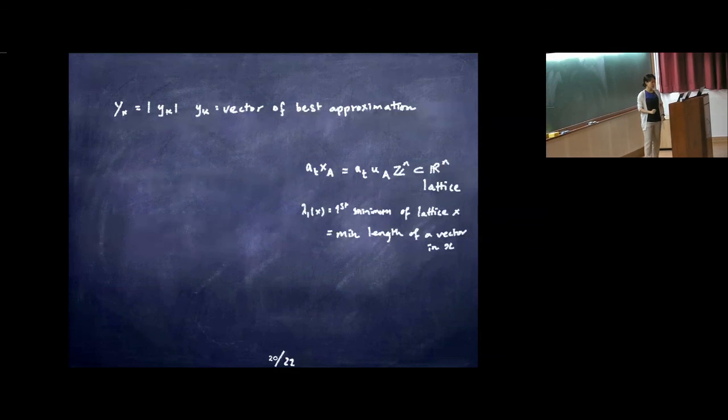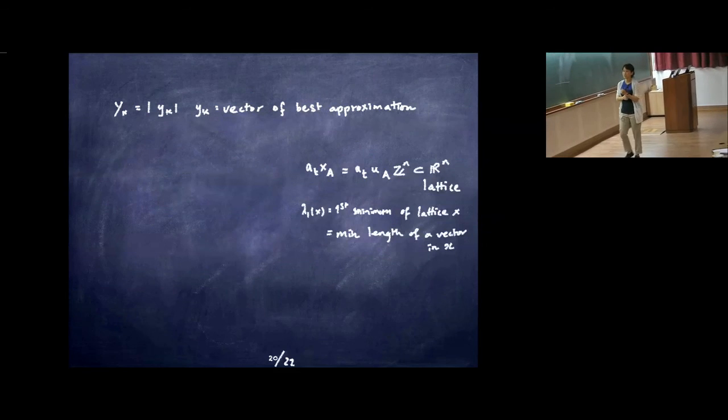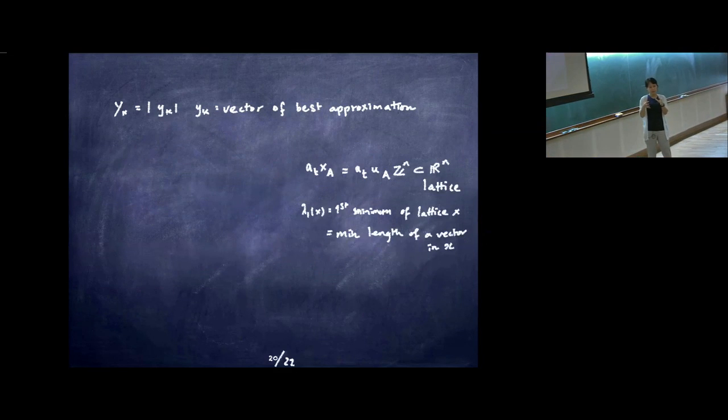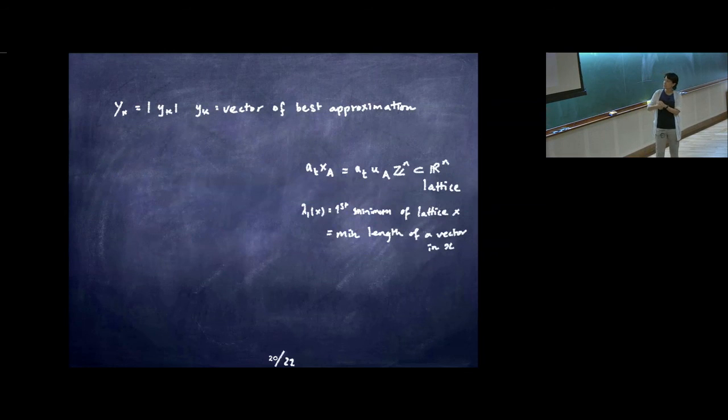Now let's say that lambda 1 of x is the first minimum of the lattice x. It's like the radius of the ball where we have k vectors of the lattice, then we call it the kth minimum. So the first minimum is the minimum length of a vector inside the lattice.